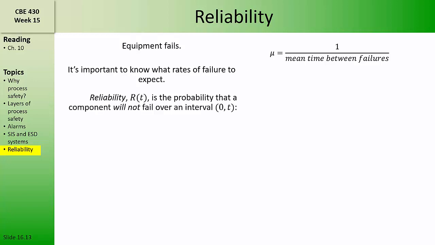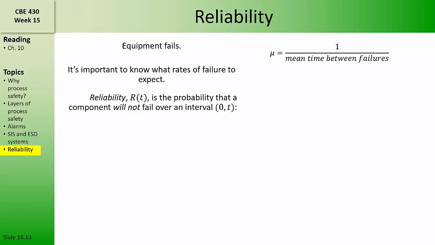The reliability, R, is a function of time that describes the probability that a component will not fail over an interval from 0 to t. Then the reliability, R, at small values of time is usually quite high. That is, the probability of not failure is close to 1. Eventually, a component will likely fail.